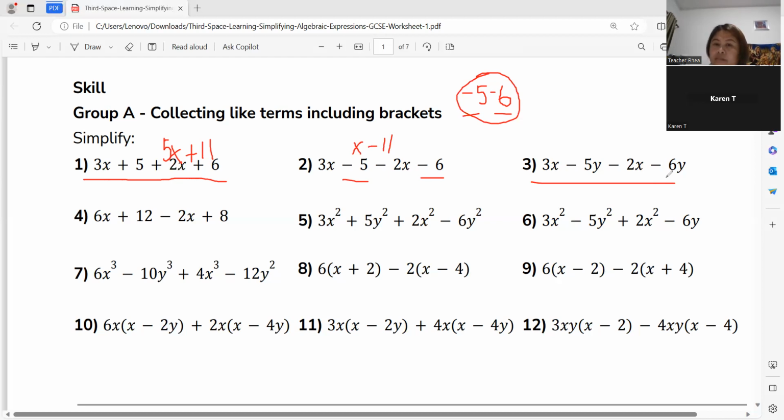1x minus 11y. Okay, very good. Minus 11y. Number 4. 8x.